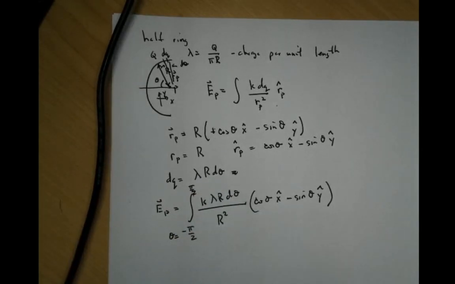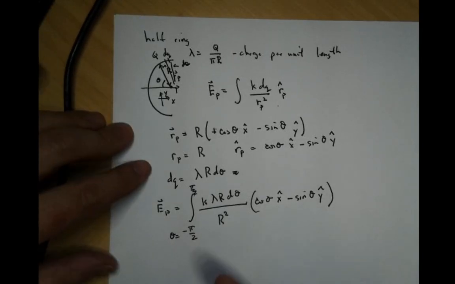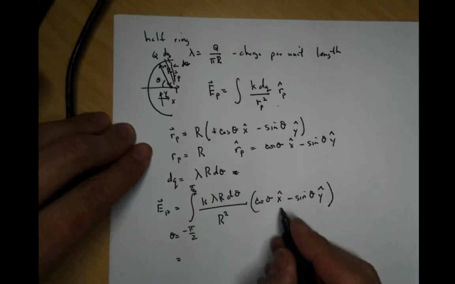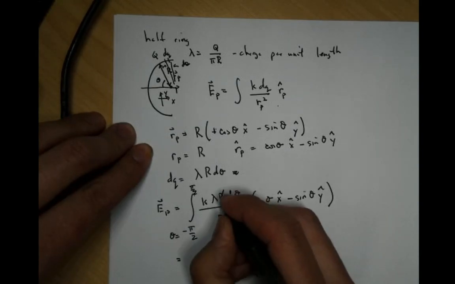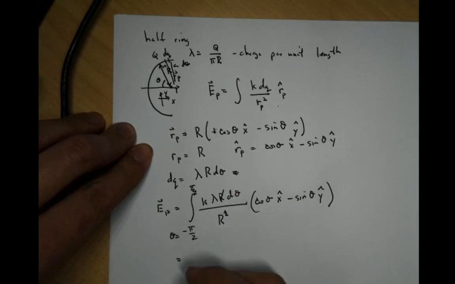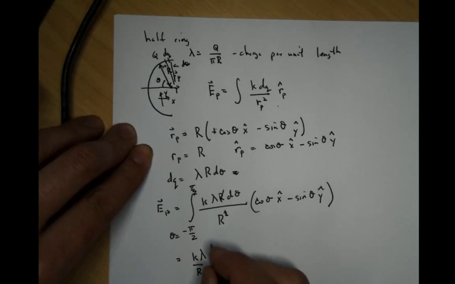Let's go ahead and integrate this thing. Basically I'm just doing these two integrals. So I want to factor out all these things, to make it cleaner: k lambda over R, which brings everything out in front. Now there are two integrals.